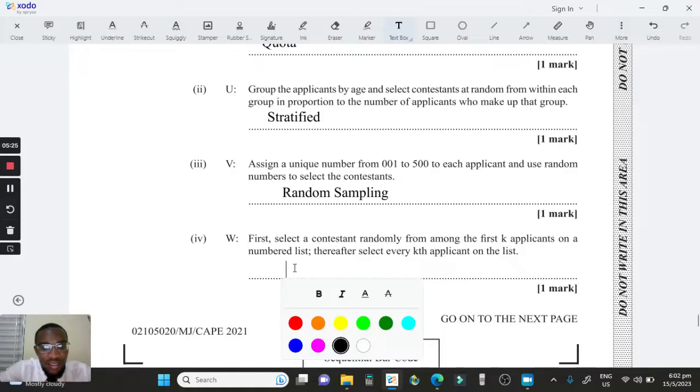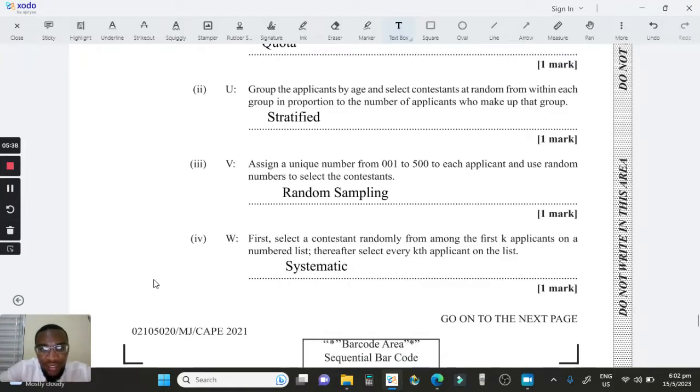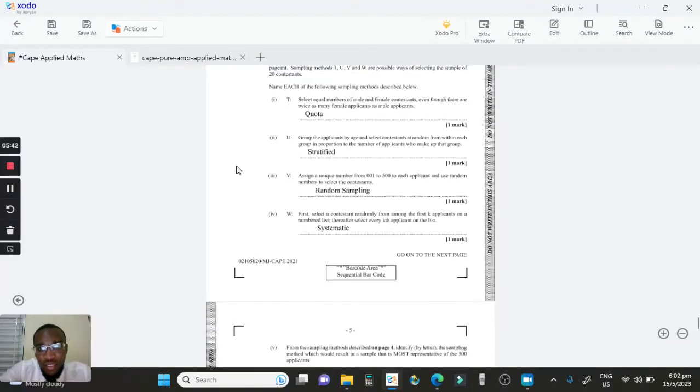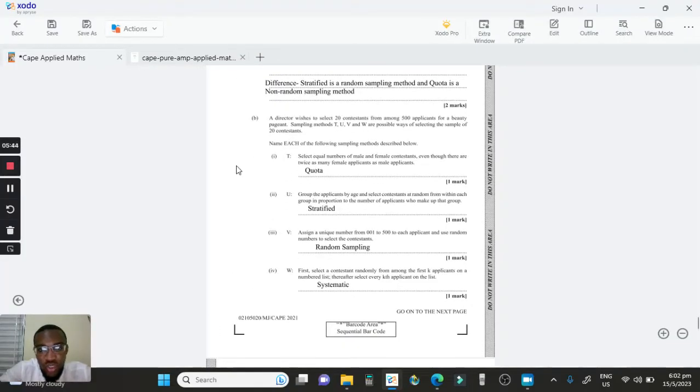This is systematic sampling. These are notes you should study and know, the sampling techniques, and you'll be fine. Easy so far, easy 5 or 6 marks.